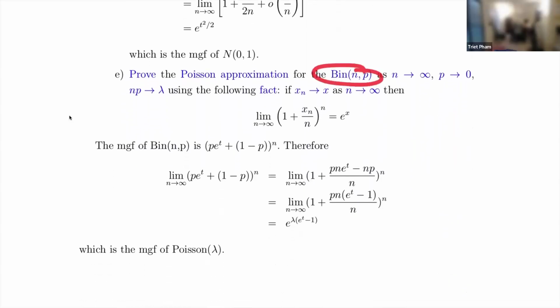With the Poisson, notice that the binomial itself has a structure of a sum, the sum coming from the Bernoulli. And even better yet, it has the 1 plus something here. So if you try to turn that into a 1 plus something, you can divide by n, and exactly this right here is the e to t minus 1 that you need, with p times n equal to lambda for the Poisson case.